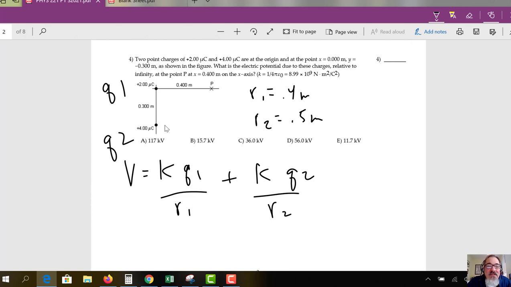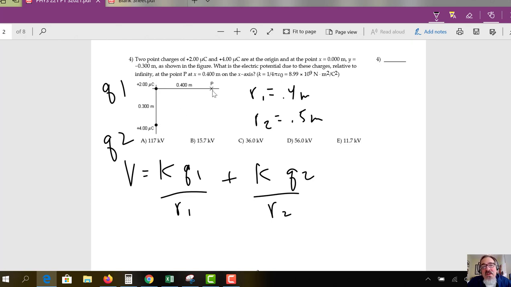And then the distance from Q1 to the point you're talking about is 0.4 meters, so make sure you put 0.4 in there. And then the contribution from Q2. K, Q2, this is 4 microcoulombs, so 4 times 10 to the minus 6, and then divided by the distance between Q2 and the point we're talking about, and that's 0.5 meters.